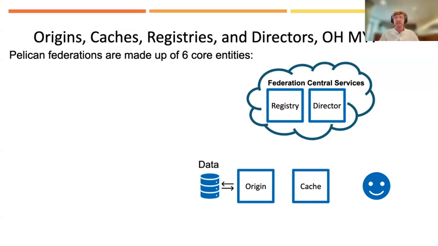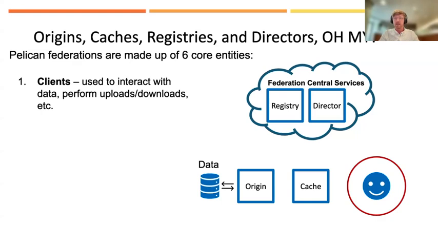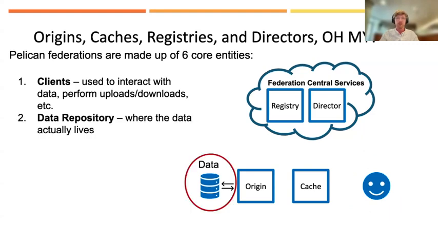There are 6 core entities in the Pelican Federation. The first that we've talked about already is clients. That's whatever tool you're using to access data through a Pelican Federation. In many cases, that's the HTCondor OSDF plugin, but Pelican also has a command line tool. We're working on a variety of other clients that I'll talk about in a little bit. So, the tool you actually use to get and put data.